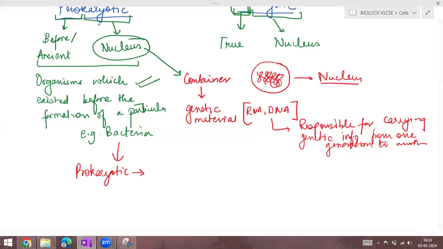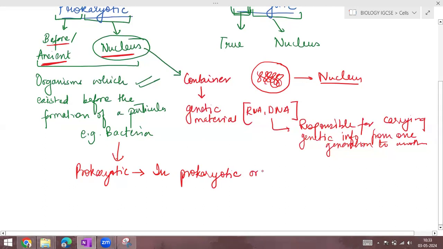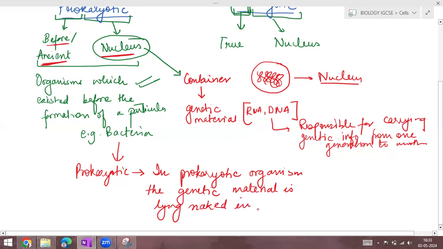But because prokaryotic organisms come before this nucleus thing, what happens in a prokaryotic organism? The genetic material is lying naked in the cytoplasm.